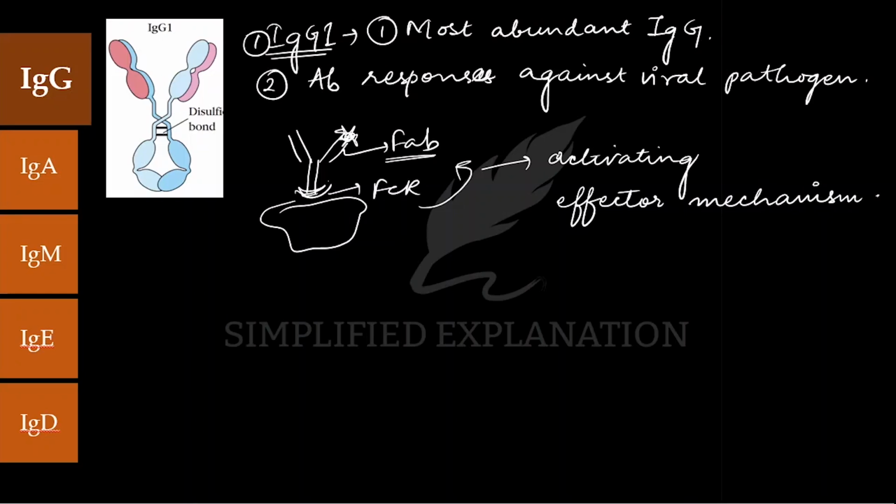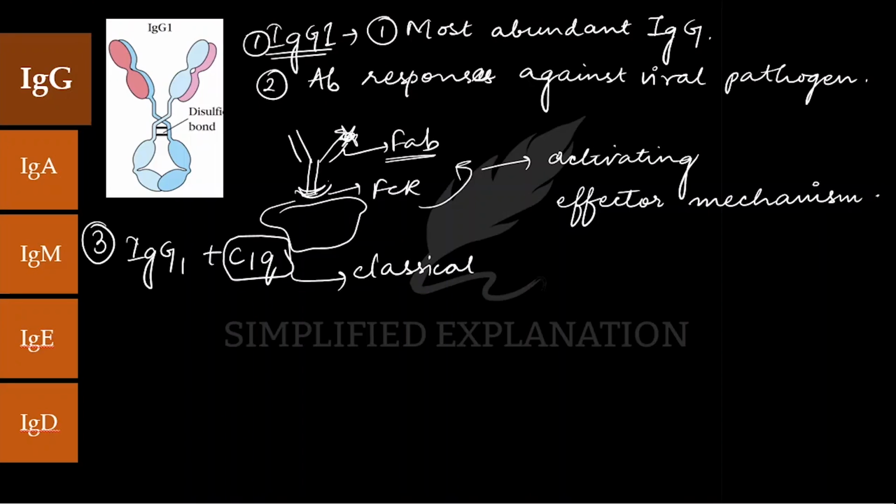Now the second or third function of IgG1 is that it can bind with C1q. Now what is C1q here? C1q is a component of the classical complement system, which we studied in the function part of the antibody.